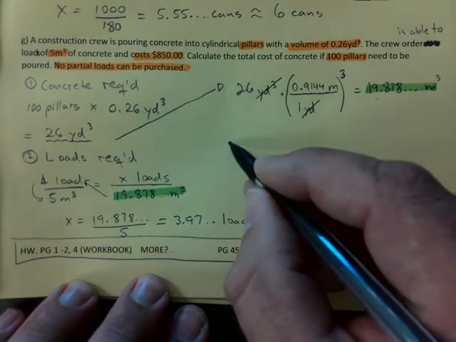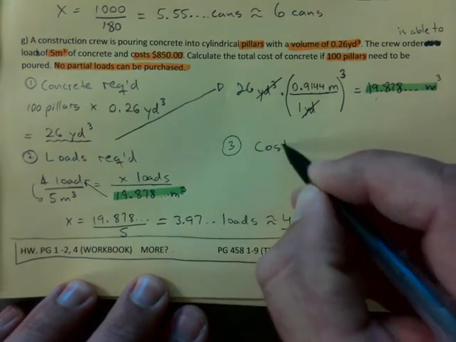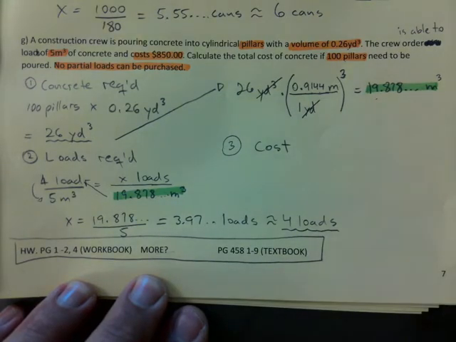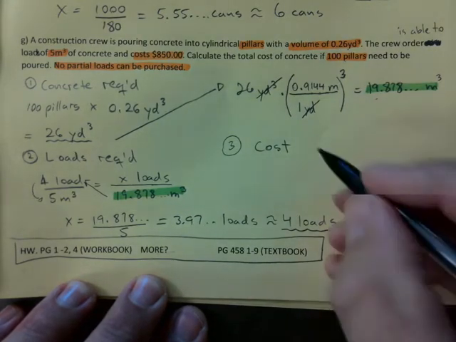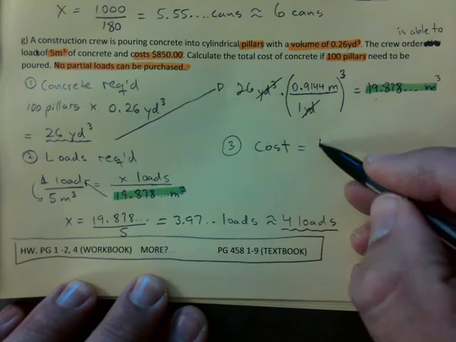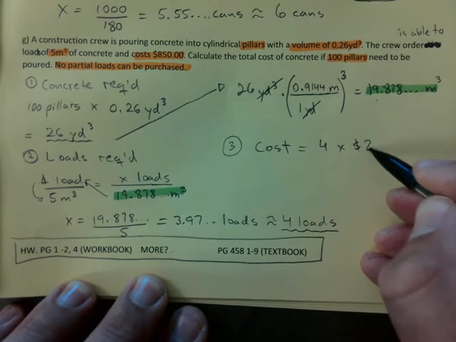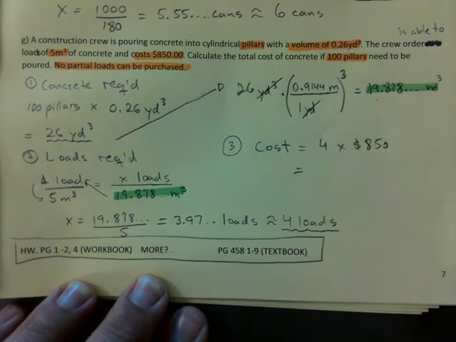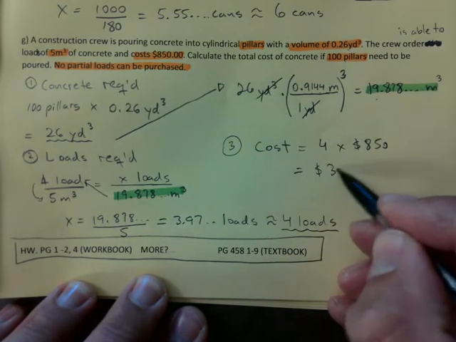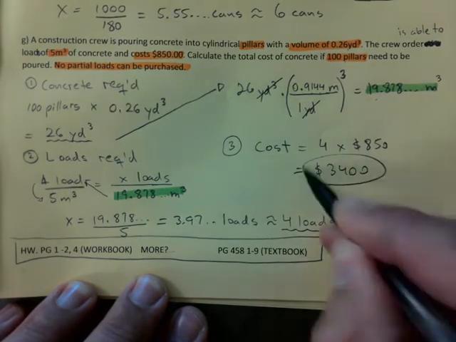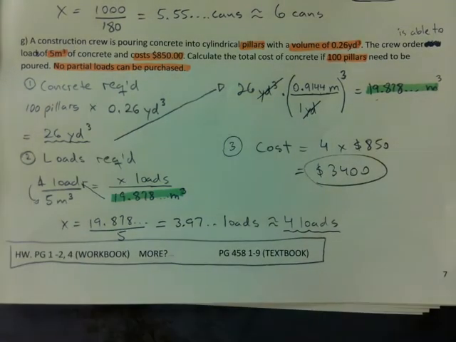But now I can do the cost. So conversion is just a fact. If you need to do it, you do it, right? Cost would just be 4 times 850. That's it. $3,400 to do that.